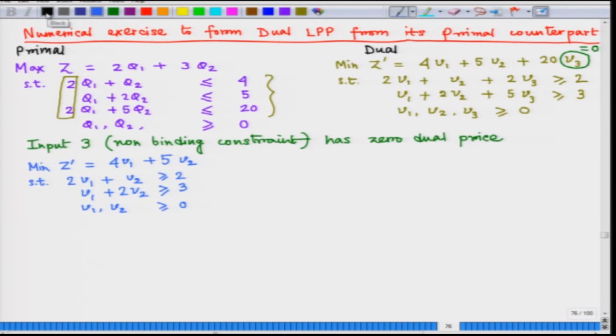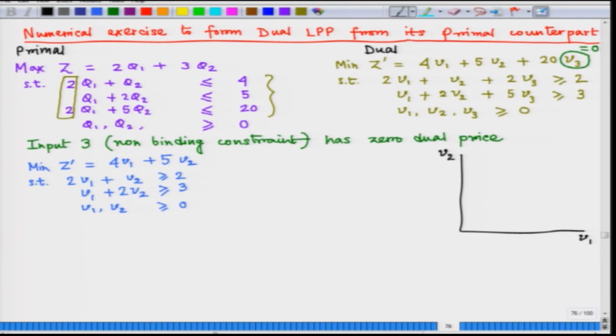So, of course, we need to first plot a 2-dimensional solution space, where now the input prices or the dual prices are going to be measured along the axis. So, let me measure V1, the shadow price or the dual price for input 1 along the horizontal axis, and V2 along the vertical axis.